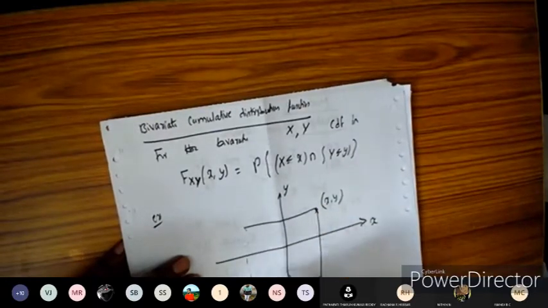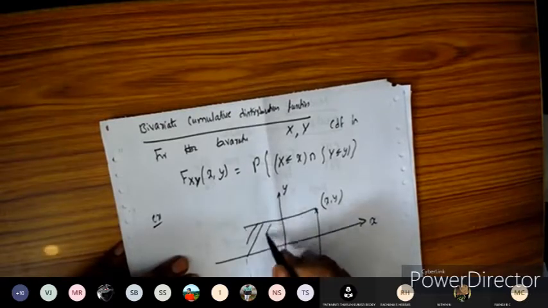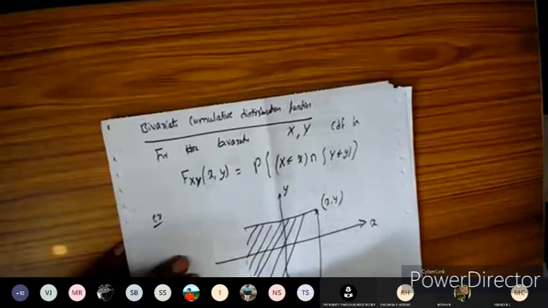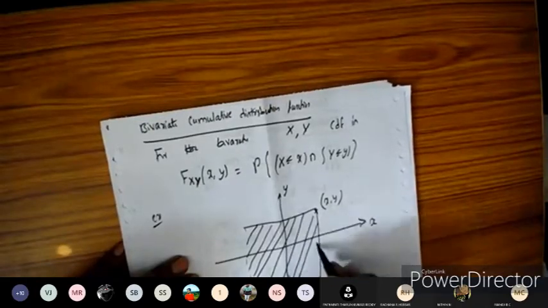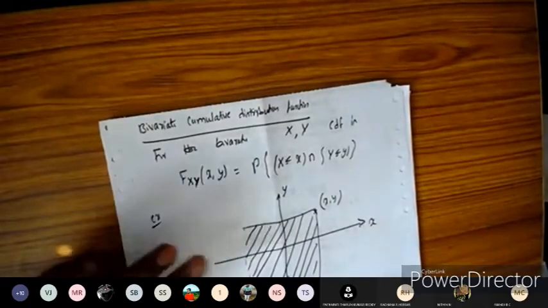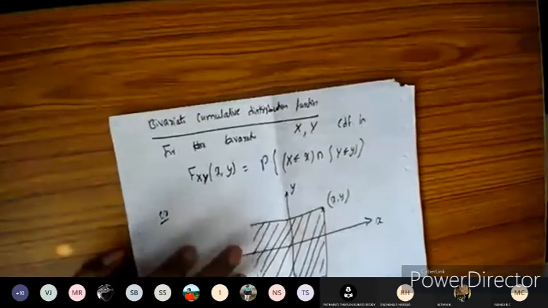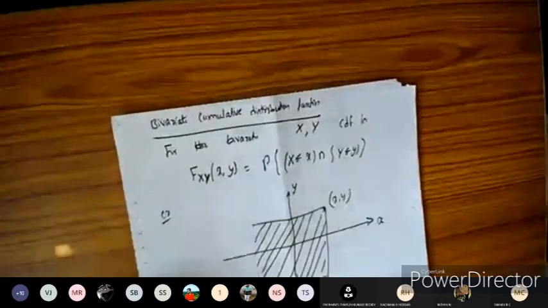We can shade this region, or mark it with lines, on the xy plane. This is one example we can give for the bivariate CDF.